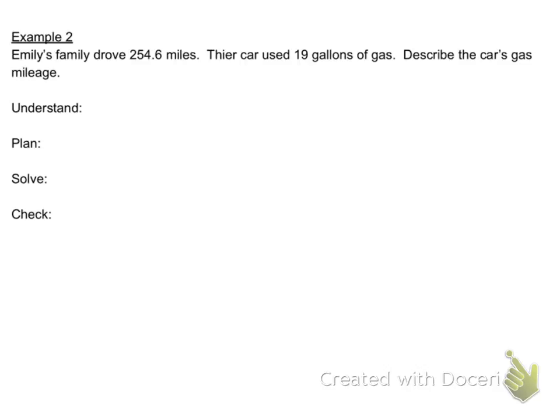Okay, last example for this group: Emily's family drove 254.6 miles. Their car used 19 gallons of gas. Describe the car's gas mileage. So, some of the things we have to understand are the car went how far? 254.6 miles.